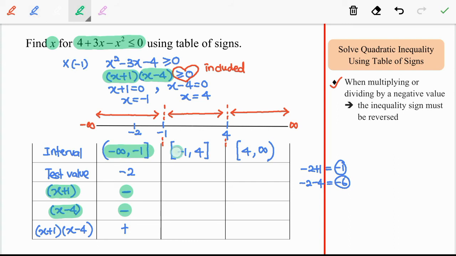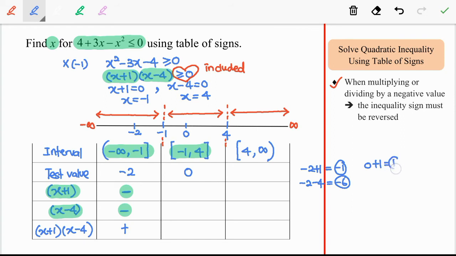For the interval negative 1 to 4, we are going to choose any number in this interval. For example, we choose 0. So now the test value is 0. Substitute 0 into factor x plus 1. So 0 plus 1 gives us 1.